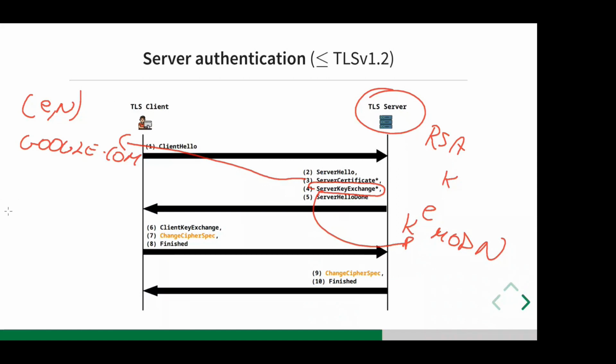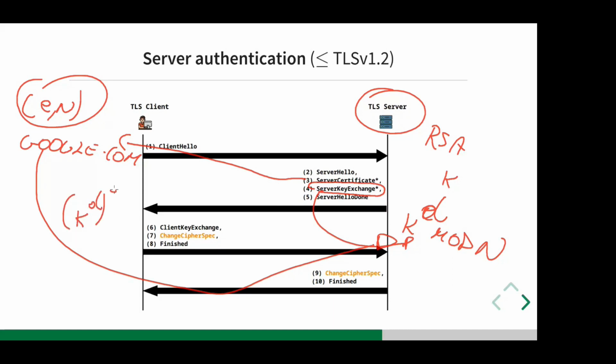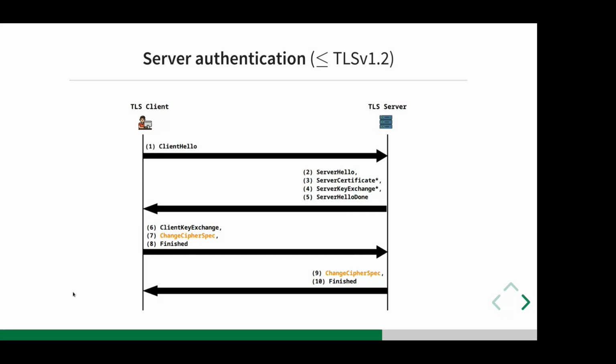He can use the public key contained in the certificate to extract the message. Actually, here it was protected with the private key D, not E. So I do K^D^E mod N, and I get back my K. So this depends on the public key cryptography used.